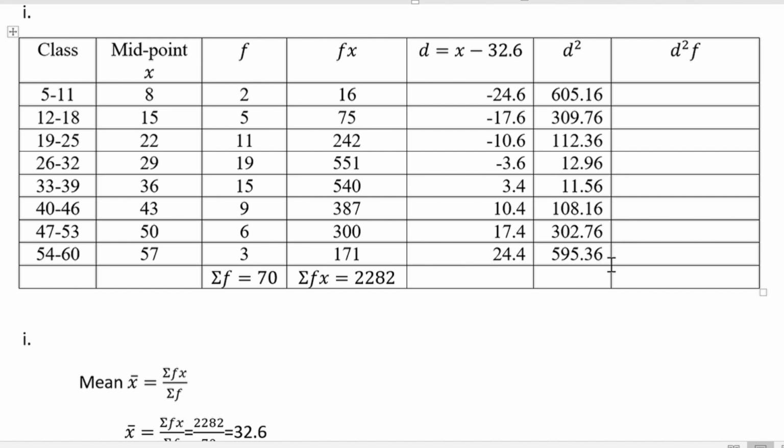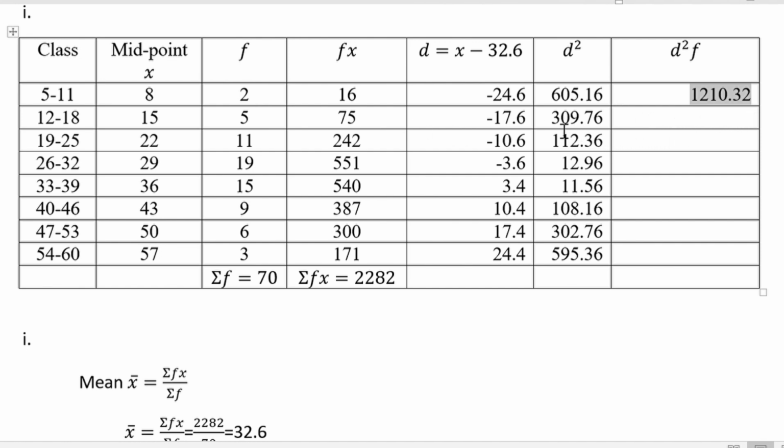The last column is d squared f. You can see d squared is this one, and f is this column. So we shall take a value from this column times the corresponding value in this column. The first one will be 605.16 times 2, giving us 1210.32.